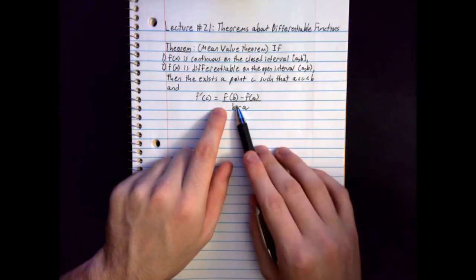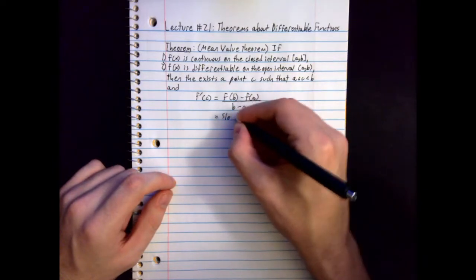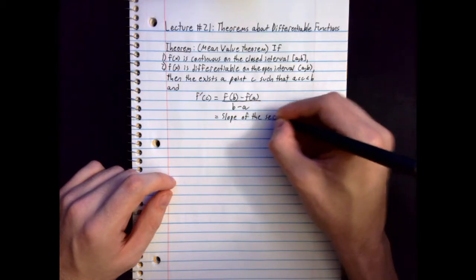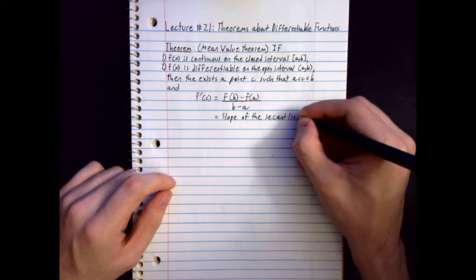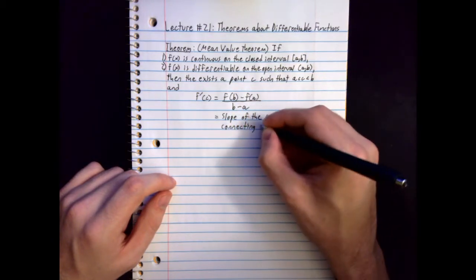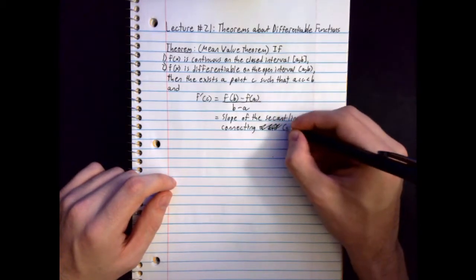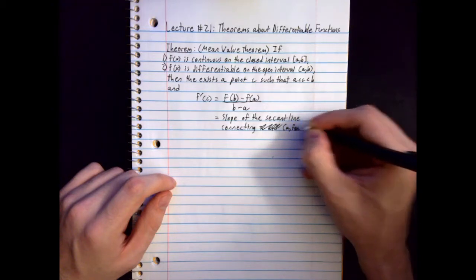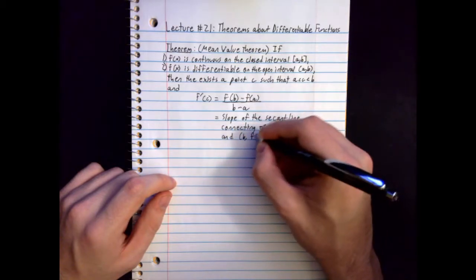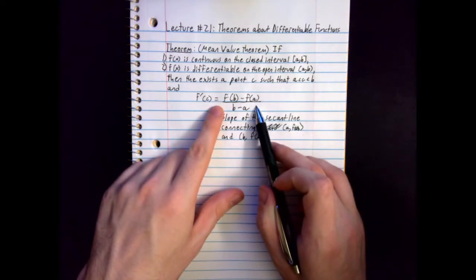This is the slope of the secant line connecting the points a, f of a, and b, f of b. If I wanted to compute the slope between these two points, this is precisely what I do.